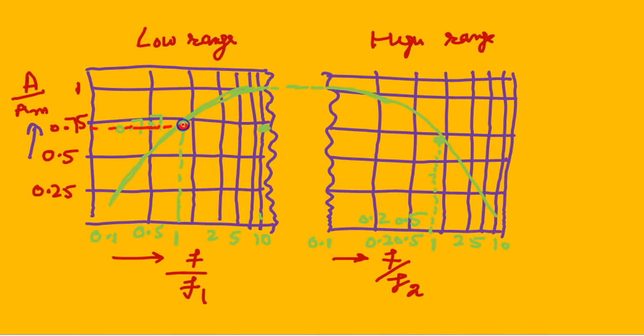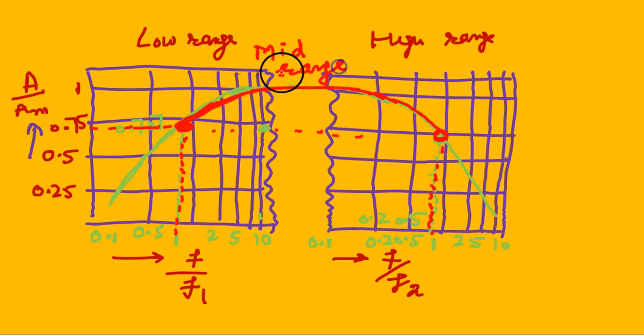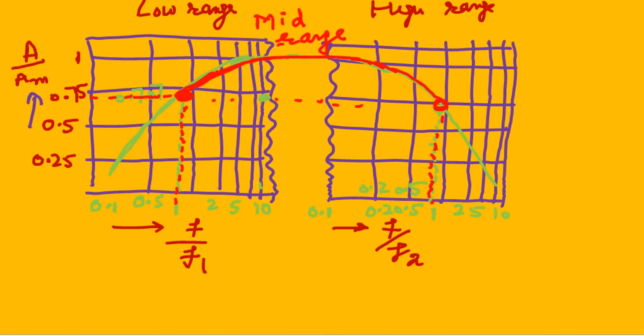The graph shows that if the frequency is less than F upon F1, the gain decreases. If frequency is higher, F upon F2, the gain again decreases.